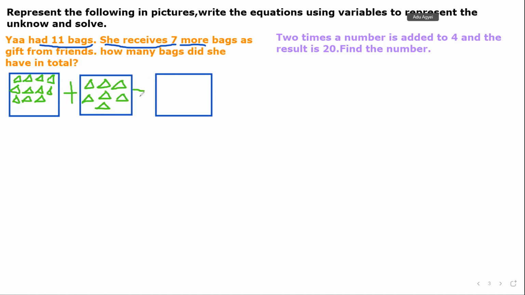And then the question is asking the total because we don't know. So let's quickly translate what we have written here in figures. Now we have 11 plus 7 equal to unknown. Okay, good. Unknown.